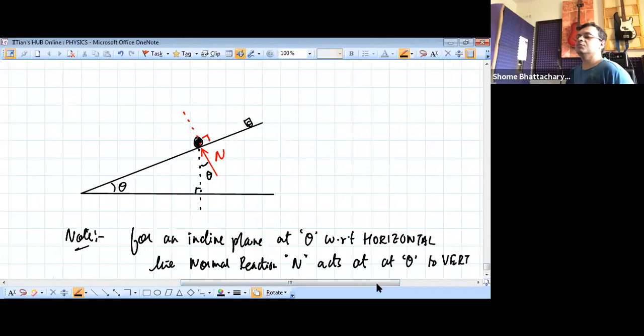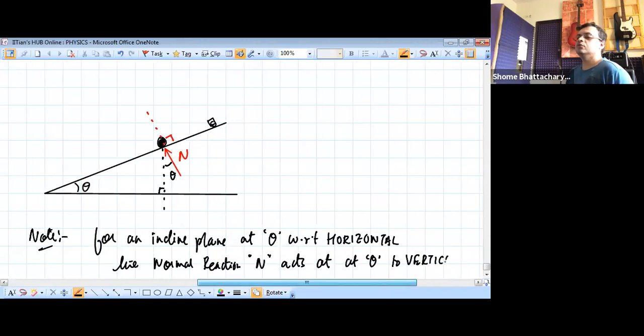If you just remember this simple concept, you don't have to figure out this geometry by this triangle every time. The line along which the normal reaction is acting will be at theta to the vertical. So when you draw a diagram showing the forces, just understand that this normal reaction has a vector. What will its direction be? It will be theta with respect to the vertical.